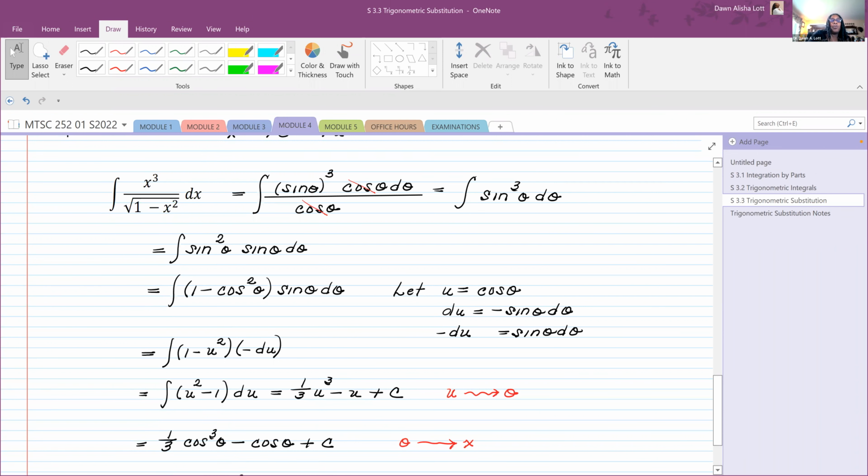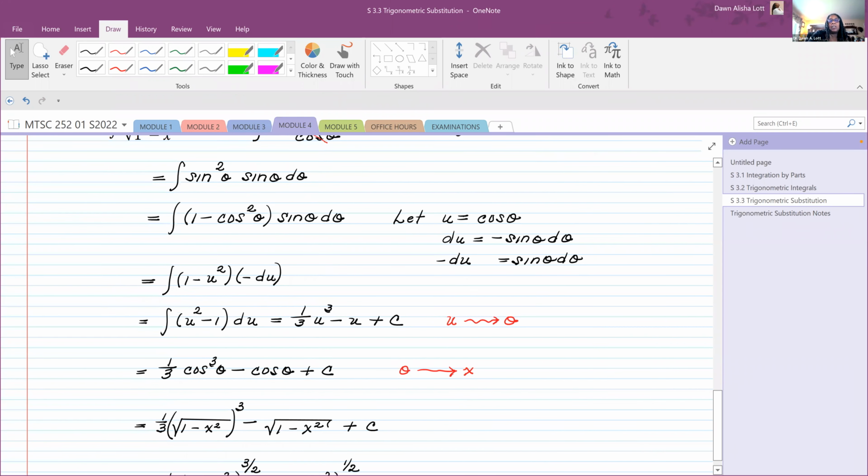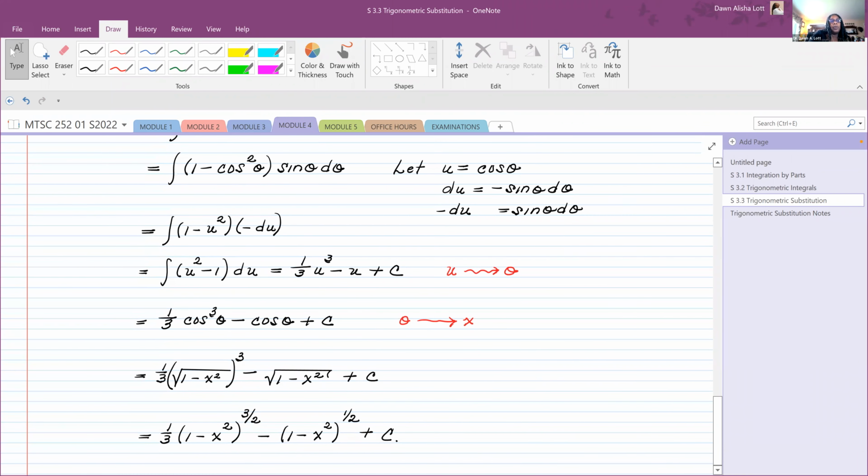We're going to pull off one sine and make the rest of the sines cosines. So now u is cosine, du is negative sine, sine is negative du. Plug that into the problem. The negative flips the sign and makes it u squared minus 1. I integrate: 1/3 u cubed minus u plus a constant.